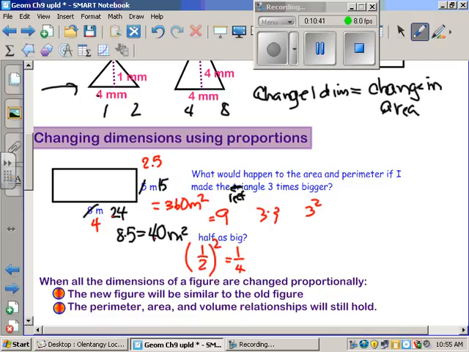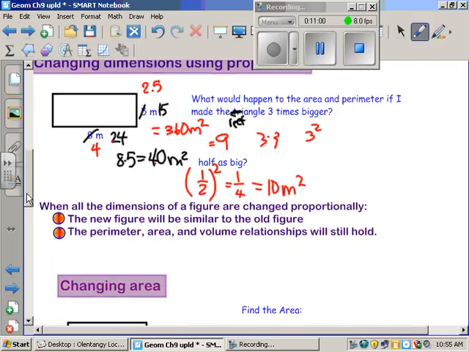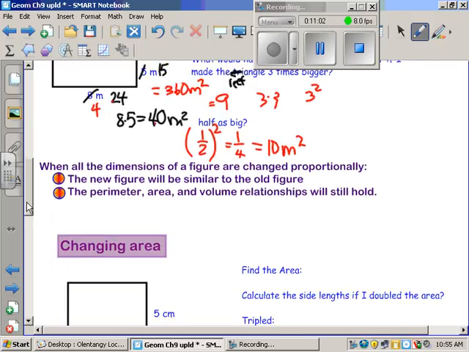And if I do 2.5 times 4, I get 10. And that is 1/4 of 40. Okay? So when I change 2 dimensions, it goes up by the square of the old area, or goes down by the square of the old area if I reduce the sides.